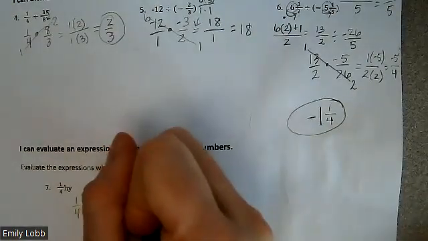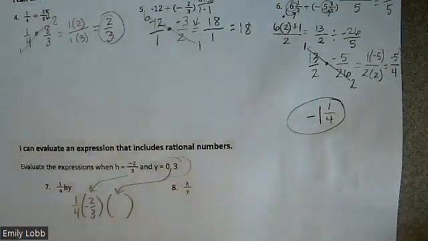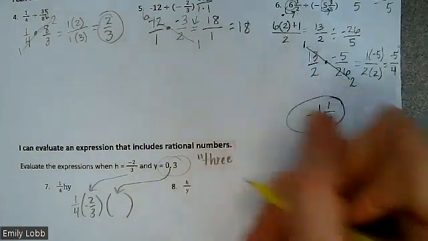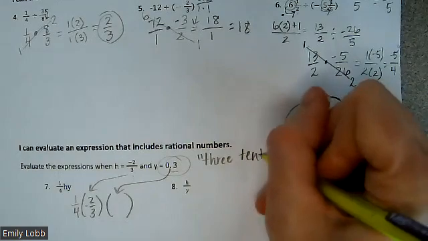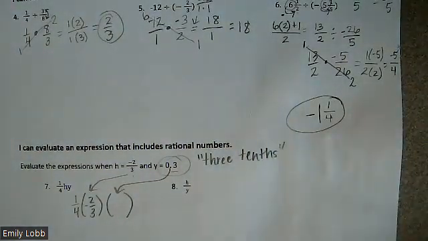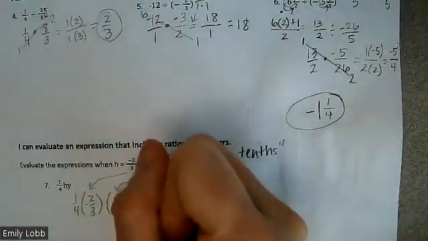So negative 2/3. How would I say this decimal? I would say 3, and then the place value it's in. It's in the 10th place. So couldn't I rewrite that as a fraction directly? What would go on the top? 3 over 10.